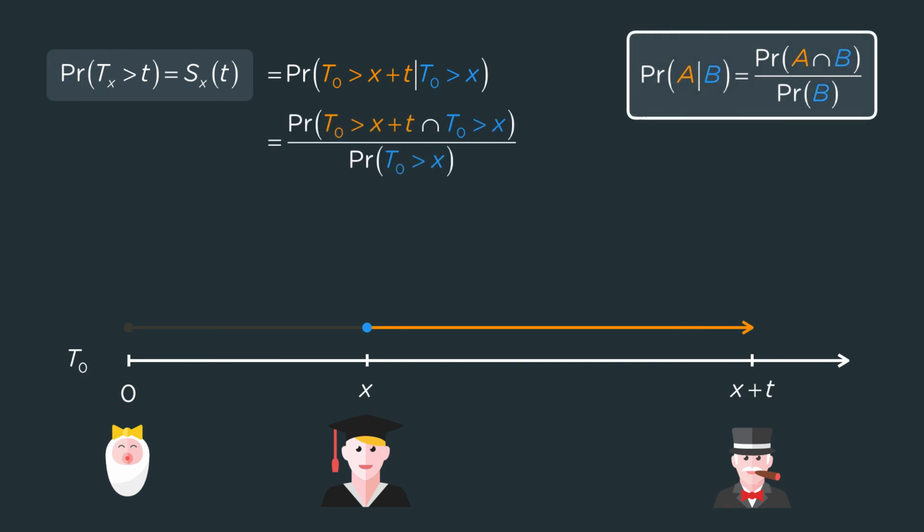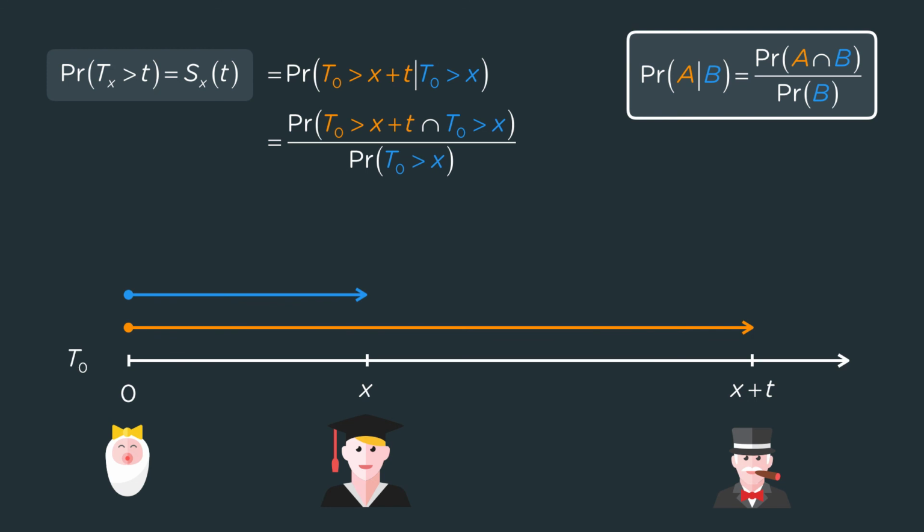Consider A intersect B, or A and B's probability. Notice B is a subset of A. In other words, if a newborn survives x plus t years, they certainly survive x years, since t is positive.